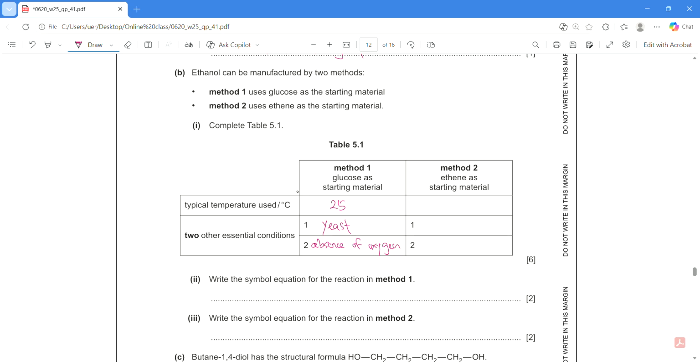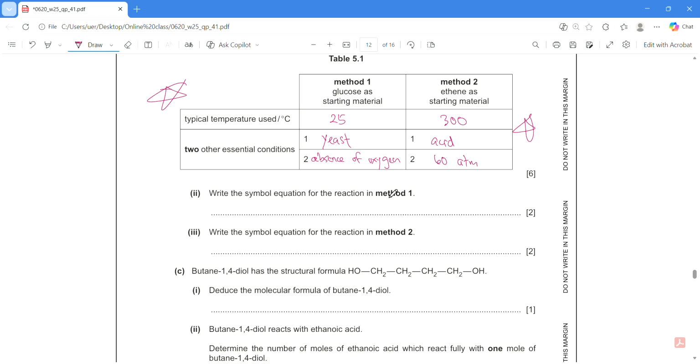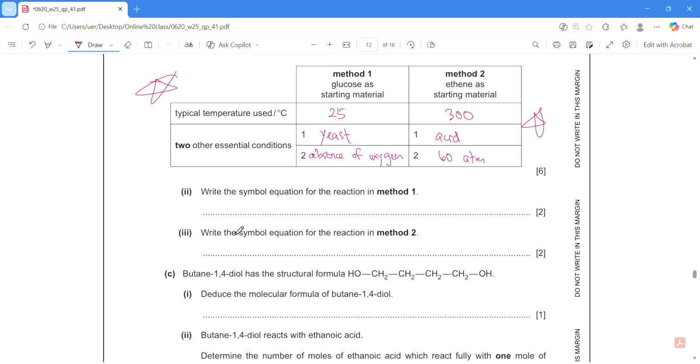Okay, so method 2 hydration, the temperature needed is 300 degrees Celsius. And the conditions: first, acid as catalyst, second, the pressure used is 60 atm. So please memorize this, easy peasy. Okay, write a simple equation for method 1. So glucose is C6H12O6.